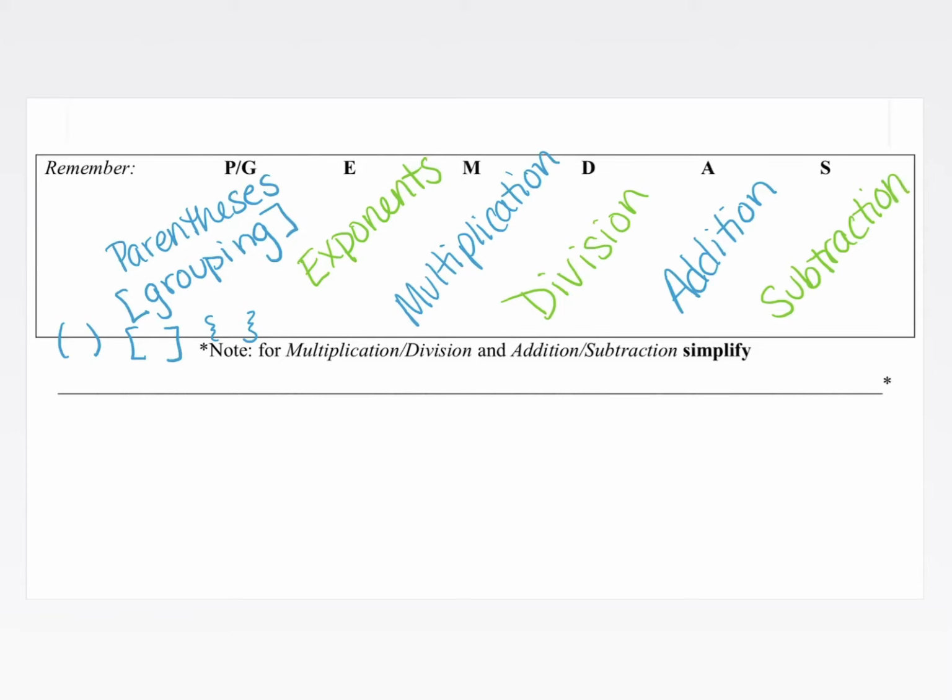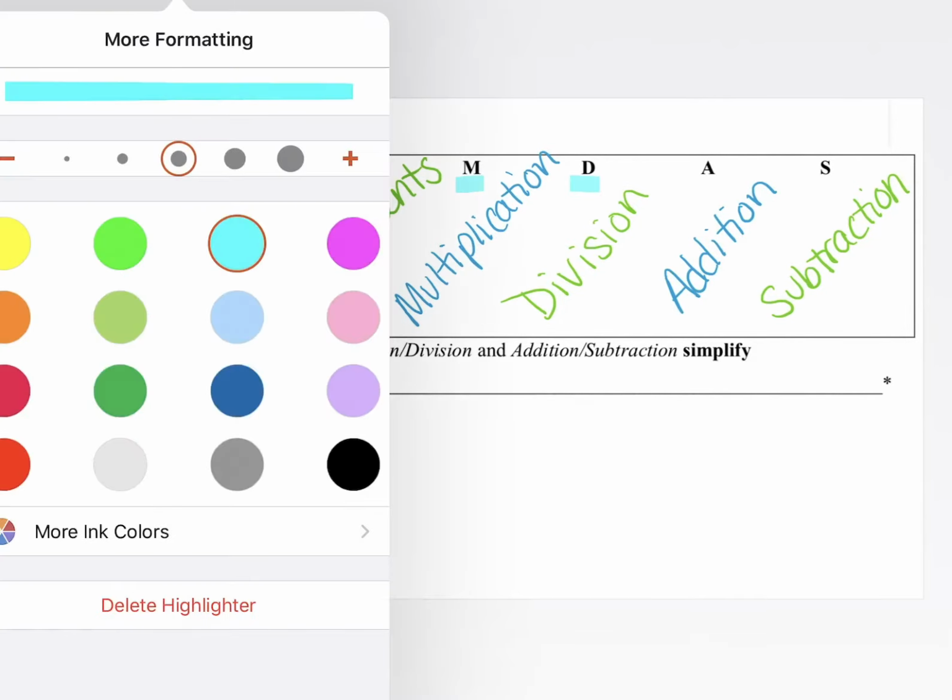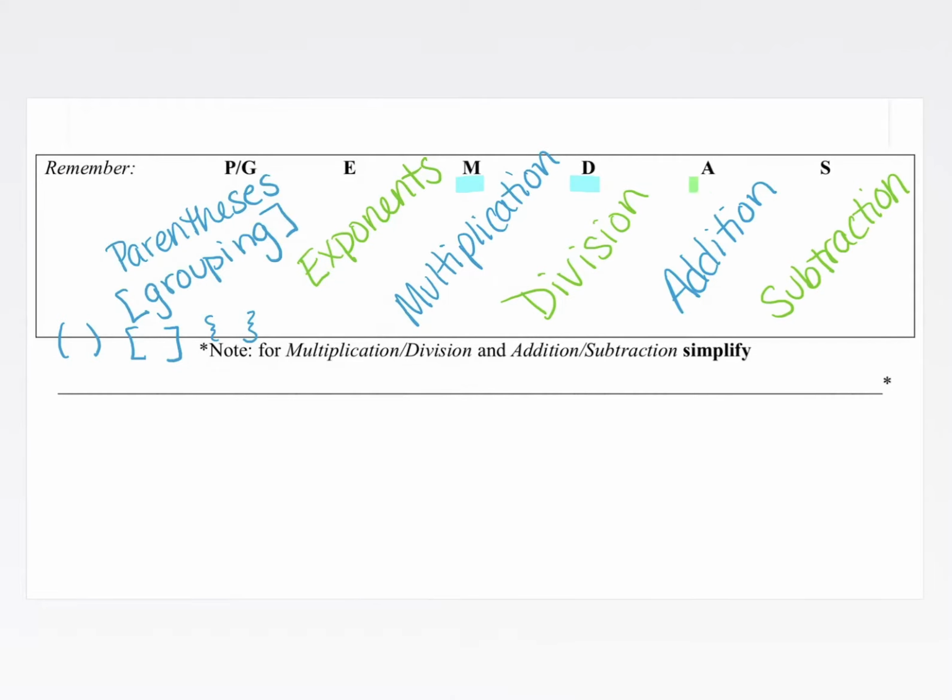Now I made a note here for multiplication, division, and addition and subtraction. These are kind of tied together. So when we simplify an expression using PEMDAS, we want to simplify from left to right, just like how you would read a sentence from left to right.